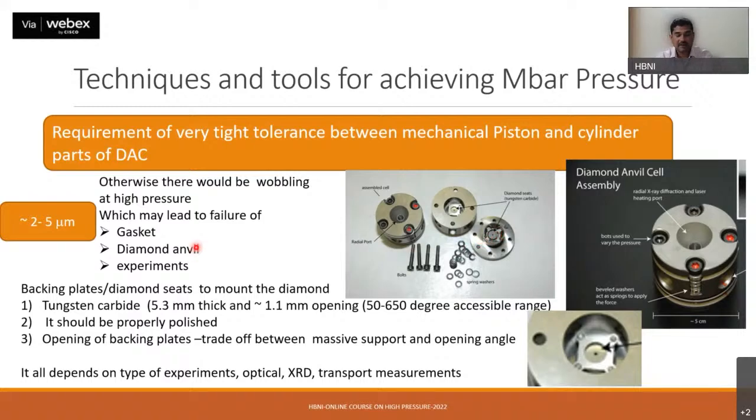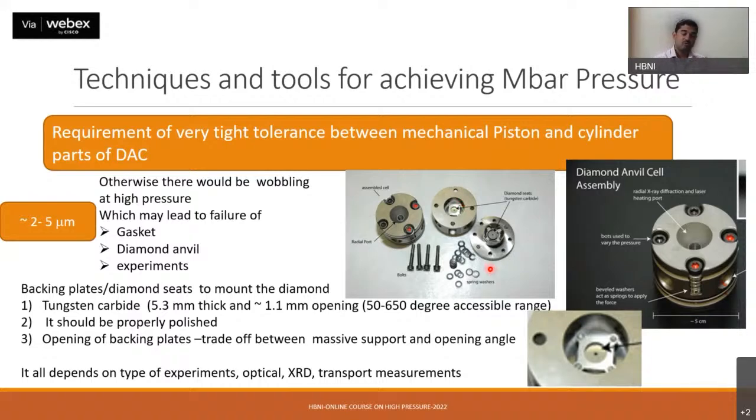So actually, there are many things which one needs to take care of, not only the diamond cell and diamond, when you want to achieve higher pressures, like the gaskets, gasket thickness, gasket material, diamond anvil, of course, and what kind of experiment you are planning, whether up to 20 GPa, up to 40 GPa, up to 100 GPa, and what kind of characterizing technique you want to use.